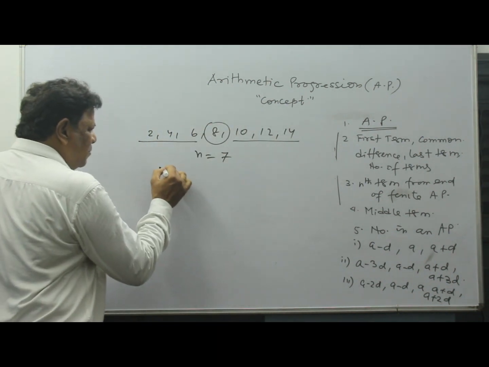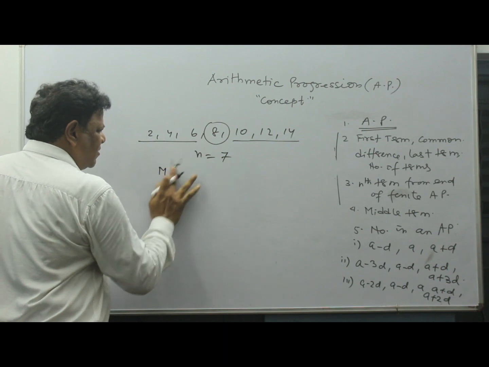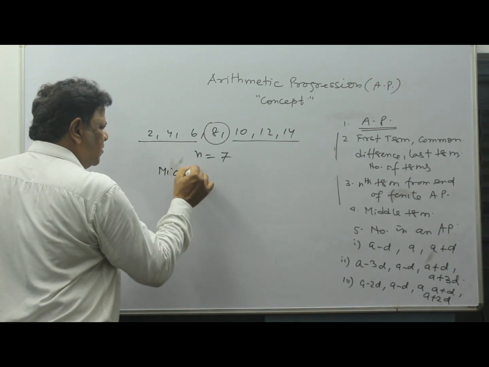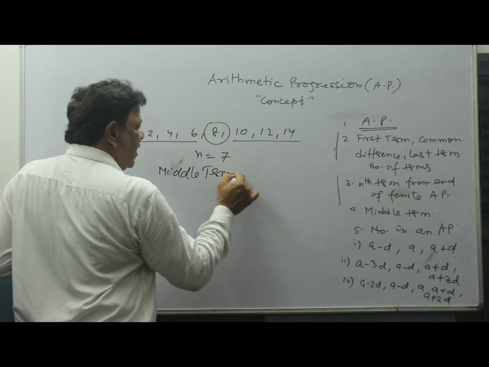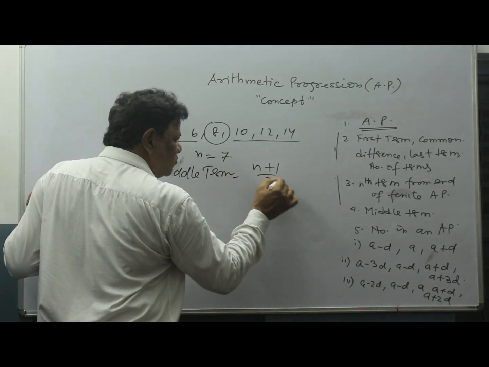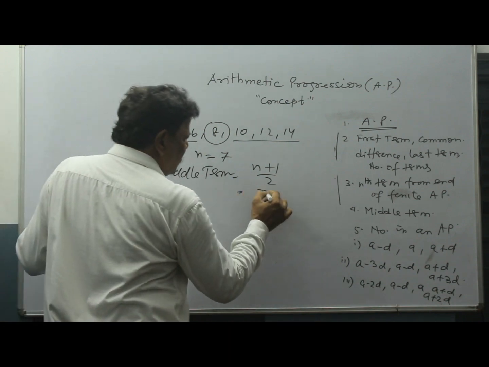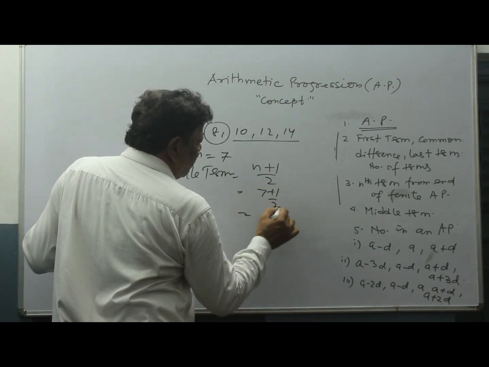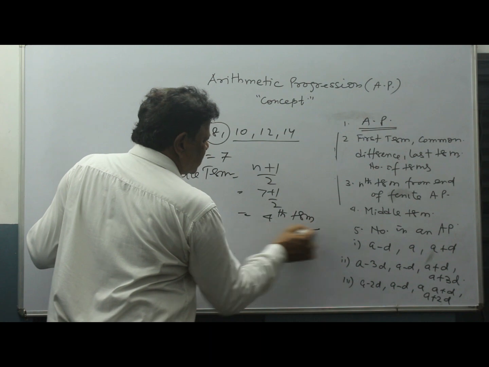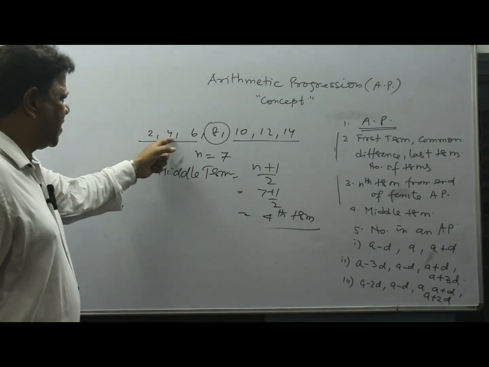So what is the formula? Middle term, what is the formula? N plus 1 by 2. N is here 7. So 7 plus 1 by 2, so coming fourth term. Fourth term is the middle term. Fourth means first, second, third, fourth.